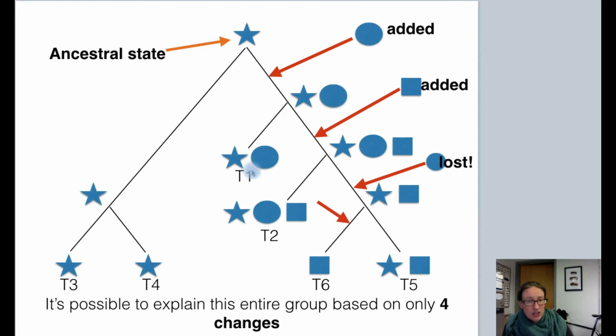So this phylogeny contains all 6 of those groups, 1, 2, 3, 4, 5, 6. Note that here at the tips of this phylogenetic tree, I have an indicator about which of those characters each of these groups has.